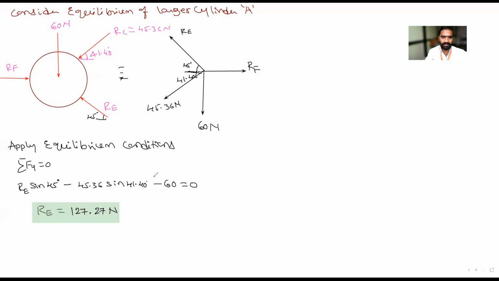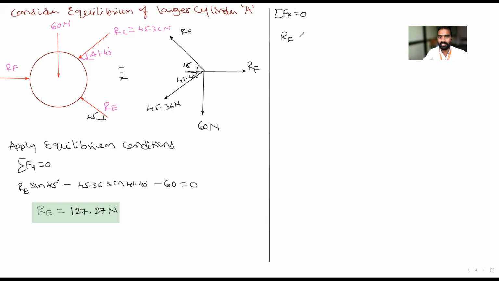Next is sigma fx. Okay, so apply sigma fx. Sigma fx is equal to 0. If we consider sigma fx, what happens? RF is moving in the positive direction.